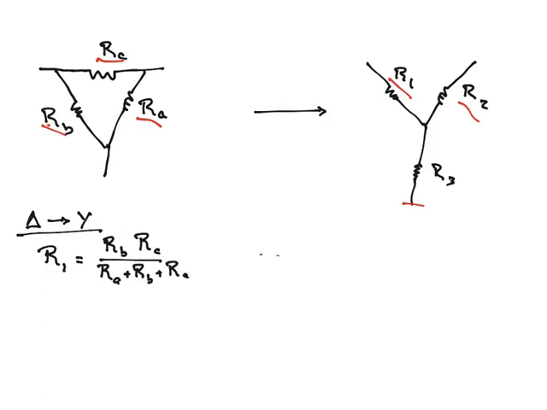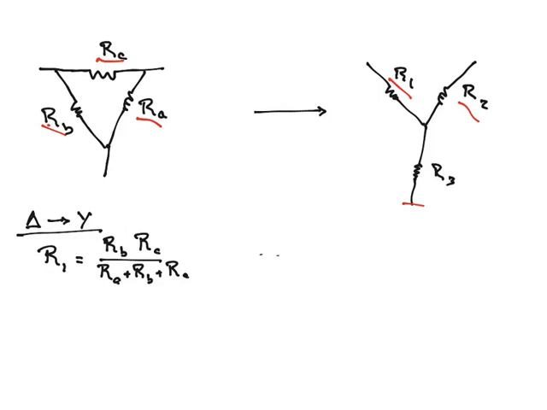Now the way I remember this is, again, I'm associating resistor 1 with resistor A. They're opposite to each other. So I remember the equation is the product of the other two resistors, the ones not associated with 1, divided by the sum of all the resistors.